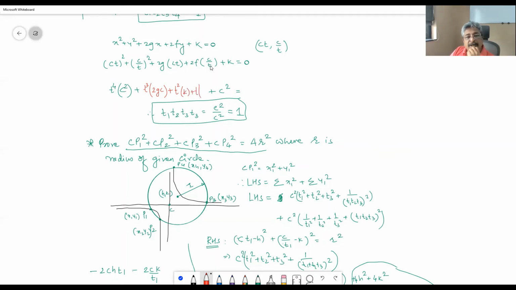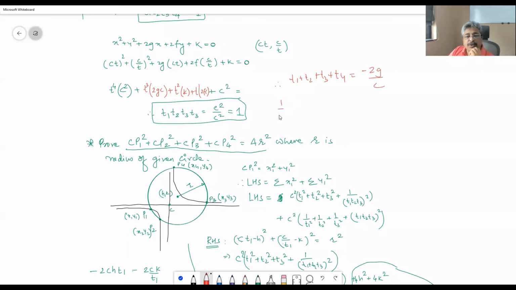We are multiplying by t square, so 2fc plus c square is equal to 0, and therefore t1 plus t2 plus t3 plus t4 is equal to minus 2gc upon c square, therefore minus 2g upon c, correct?